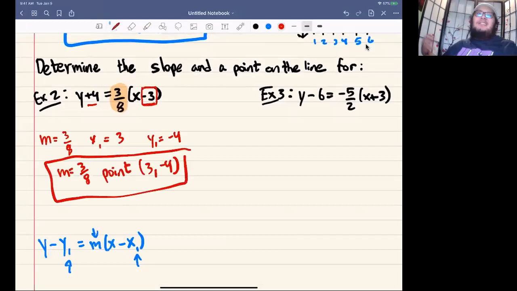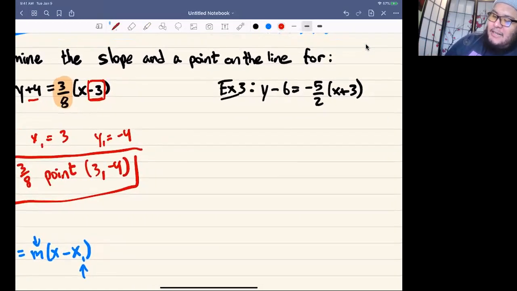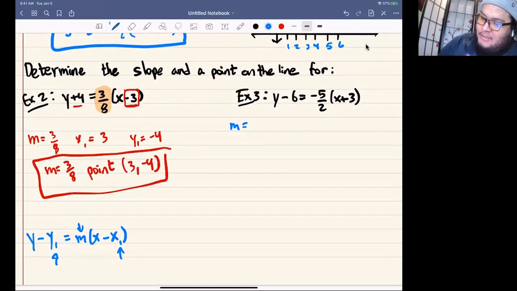All right, so we're gonna do the same thing for this one over here. Example 3. We're gonna identify our slope. Remember it's outside the parentheses, so it's gonna be this section right here. Our slope's gonna be -5/2. Our x1 is gonna be the number next to the x right here. You notice how there's a +3? Because our equation has this minus in front, we're gonna take the opposite of +3, so it's gonna be -3.